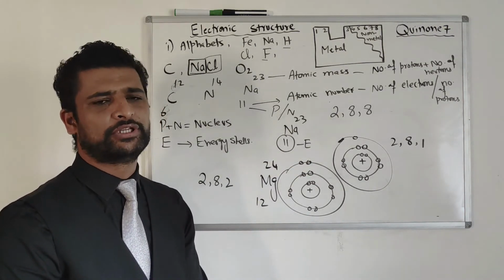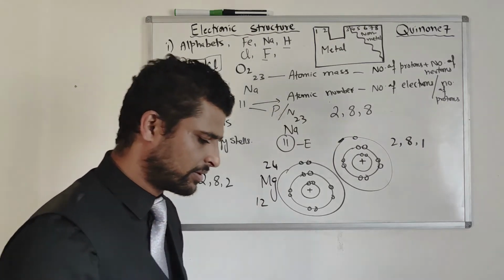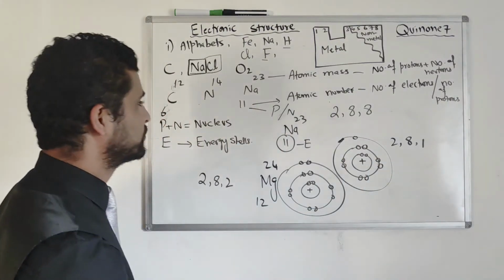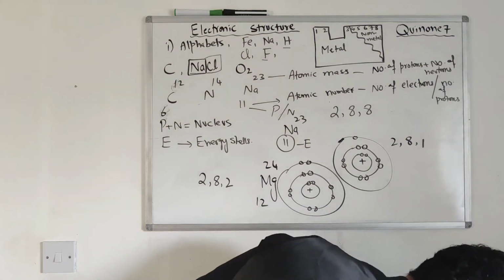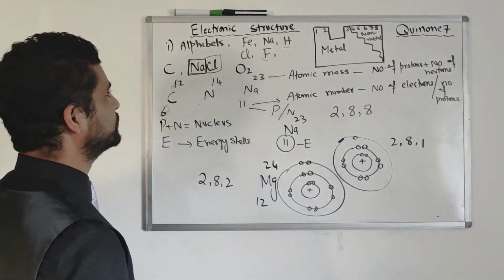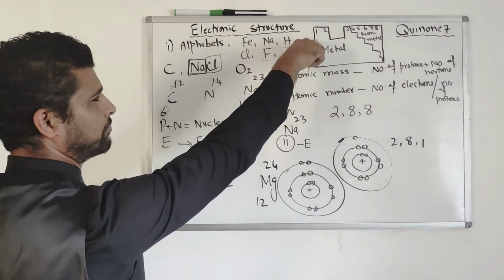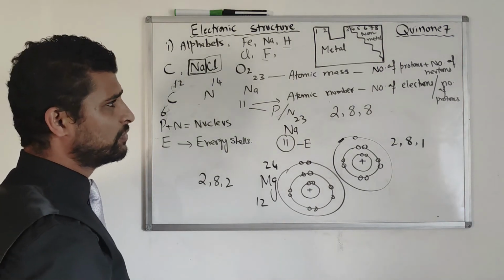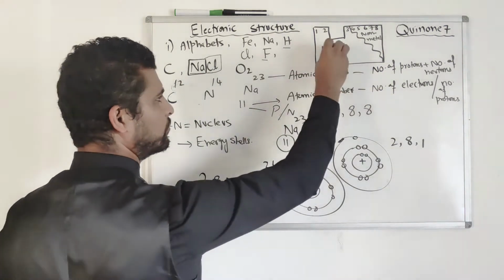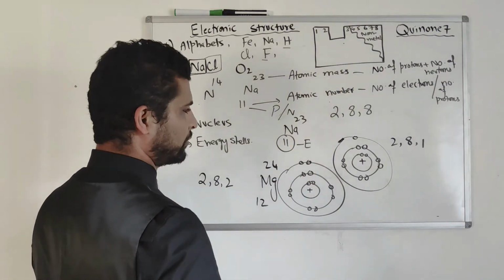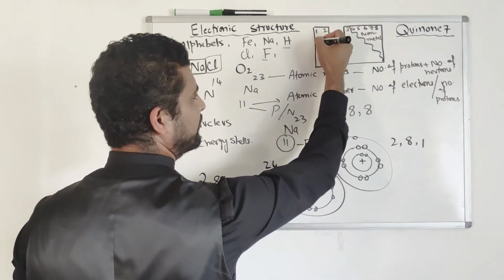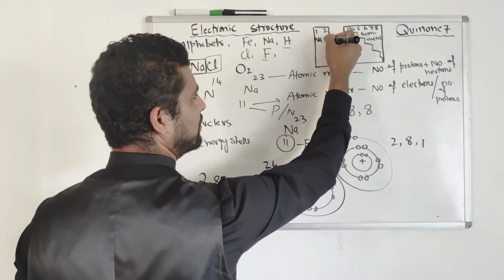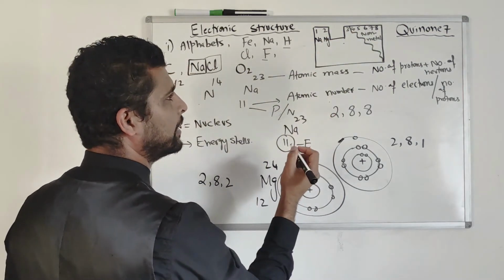One thing I would like to mention: in the periodic table, you can use the group number to find out how many electrons there are. If you look at the periodic table, sodium belongs to the first group and magnesium belongs to the second group.